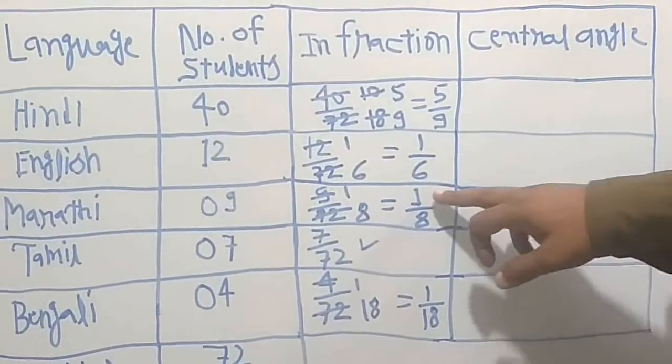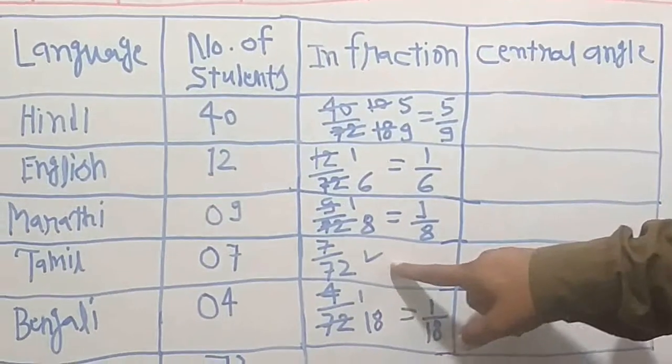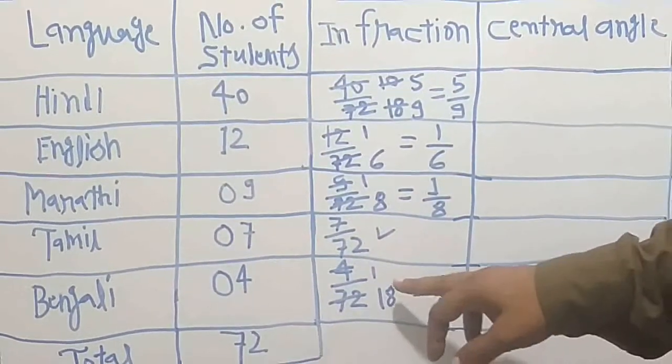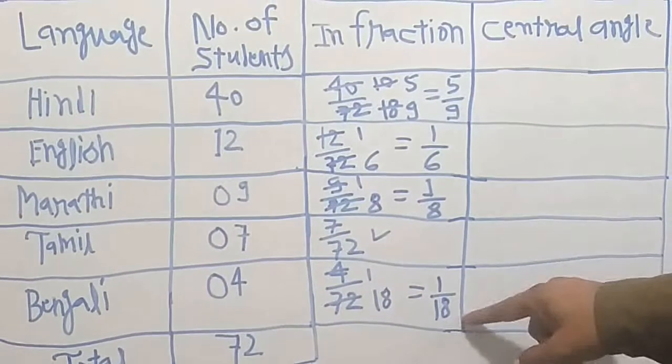For the Marathi it is 1 upon 8. For the Tamil it is 7 upon 72, because it is not divisible by any table. And for the Bengali it is 1 upon 18.